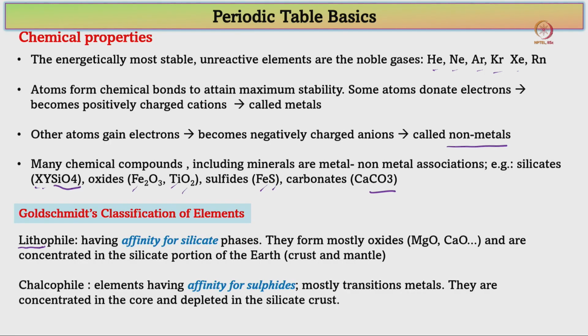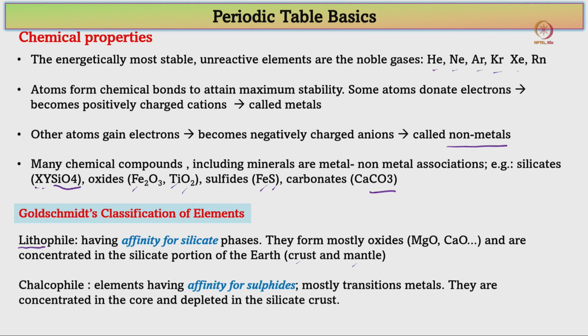Litho comes from the Greek, and it is mainly implying the lithosphere, which is part of the earth's mantle and the crust. And there mostly the silicate phases are the most stable phases. So, these elements and these oxides are concentrated mostly in this phase of the earth, that is the lithosphere, the crust and part of the mantle.